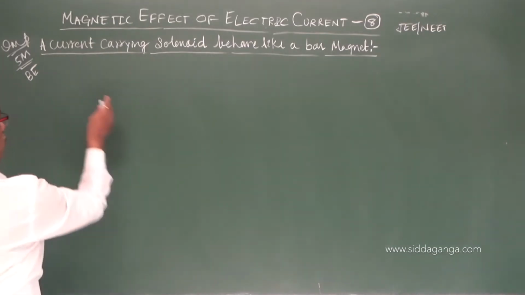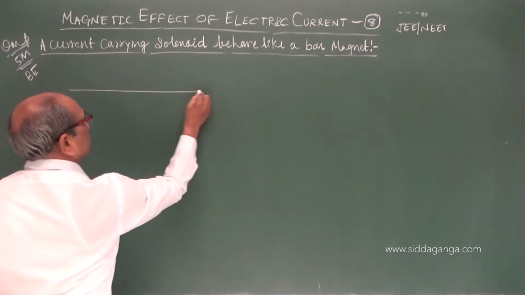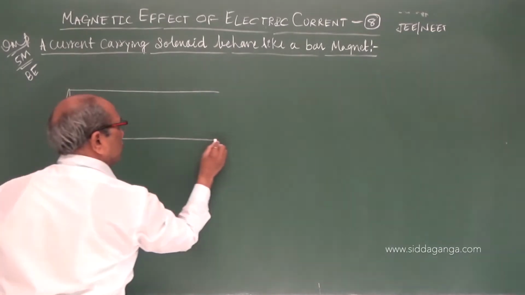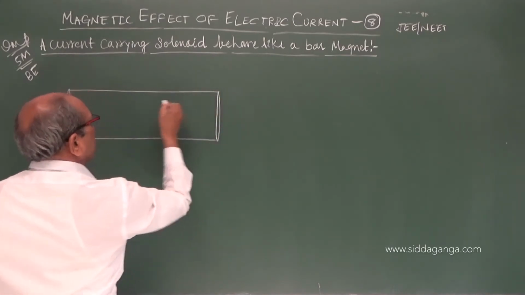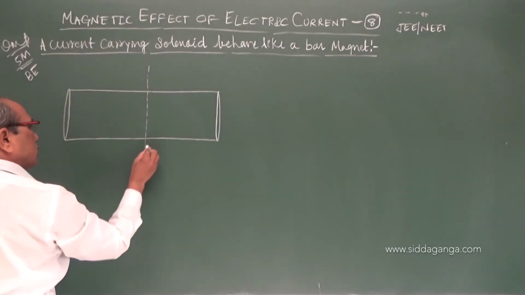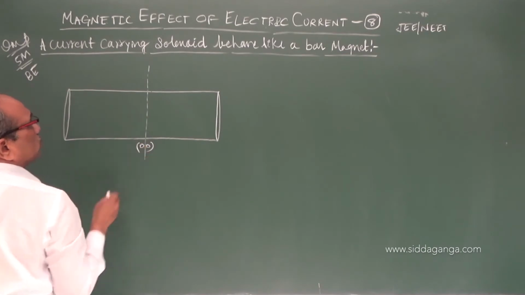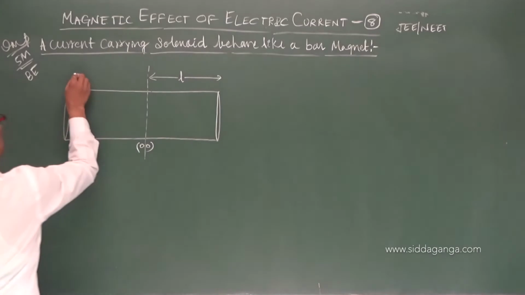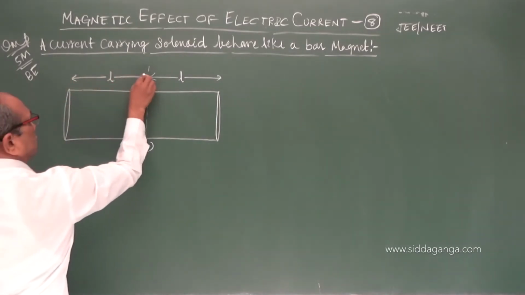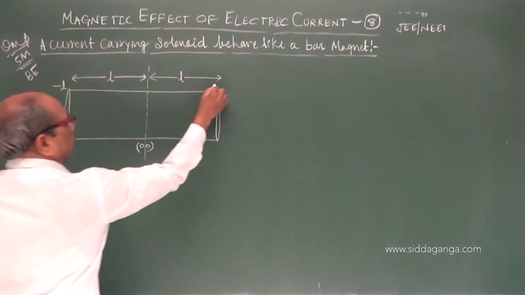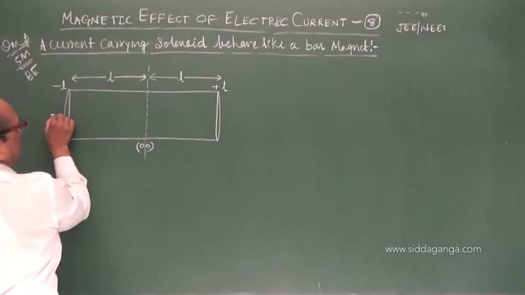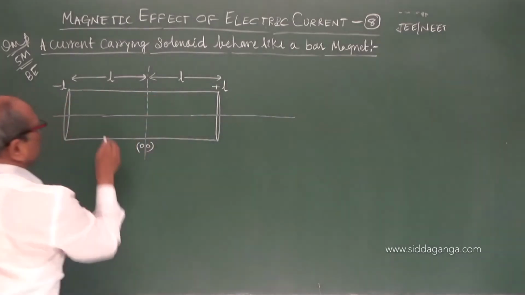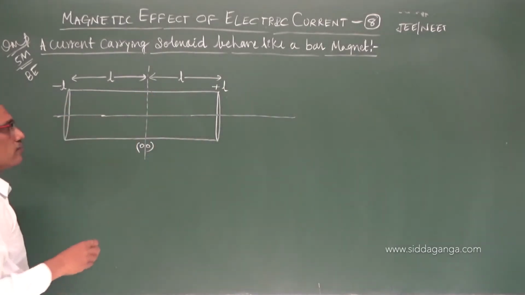Just consider a long solenoid. This is the central axis, the coordinate is 0, 0. This length is plus L and this length is minus L, and this is the axis of the cylinder.